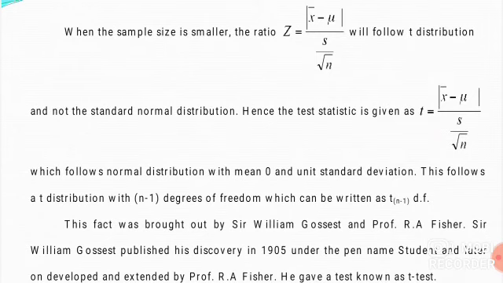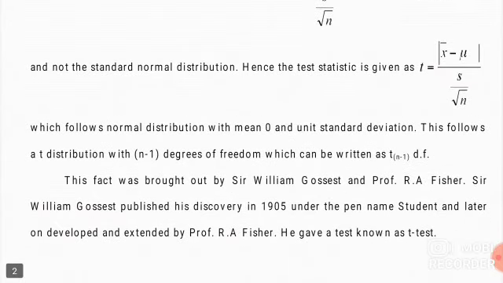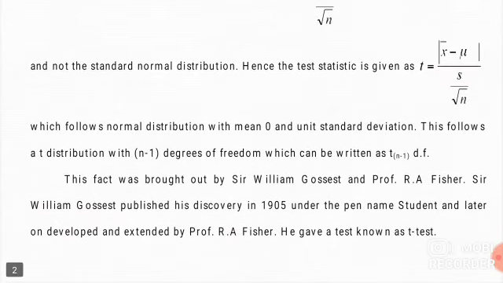Hence the test statistic is given as t equal to x bar minus mu divided by s upon under root n, which follows a t distribution with n minus 1 degrees of freedom, written as t with n minus 1 degrees of freedom.